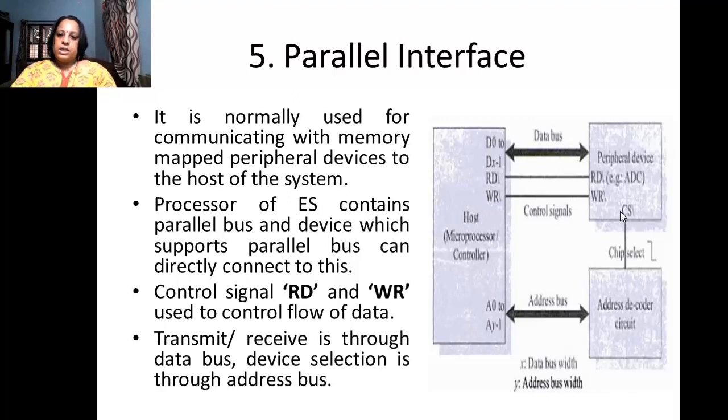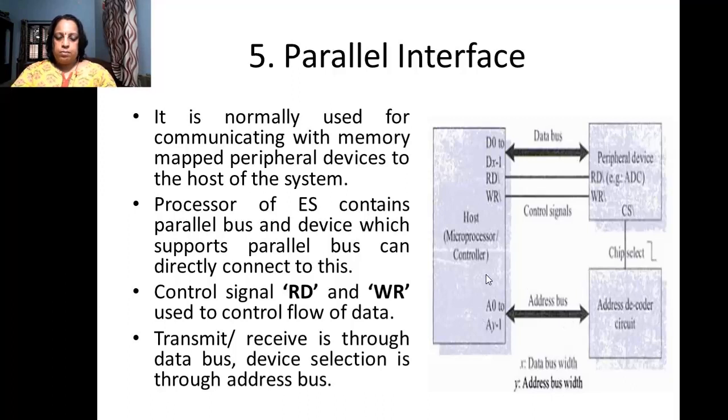Then of course we have data bus lines, address lines, and the control signals. Control signals are the read and write control signals. Through the control signals, whether a read or a write is initiated is based on the address of the peripheral it wants to connect with.